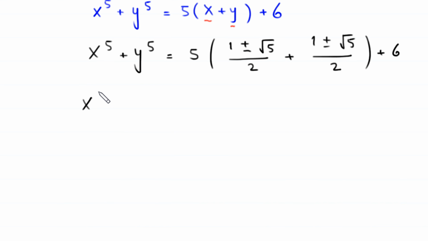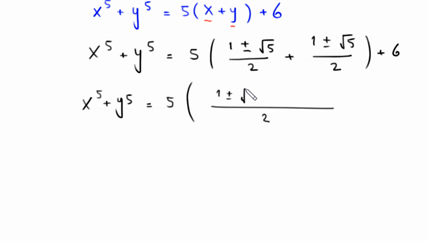Next, we write the common denominator 2, and this 1 plus minus root 5 will come here, (1 plus minus root 5) plus this (1 plus minus root 5), plus 6.